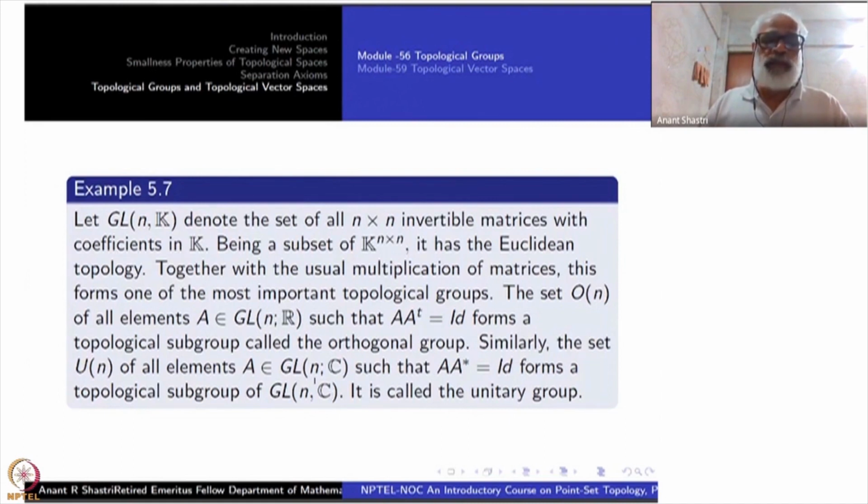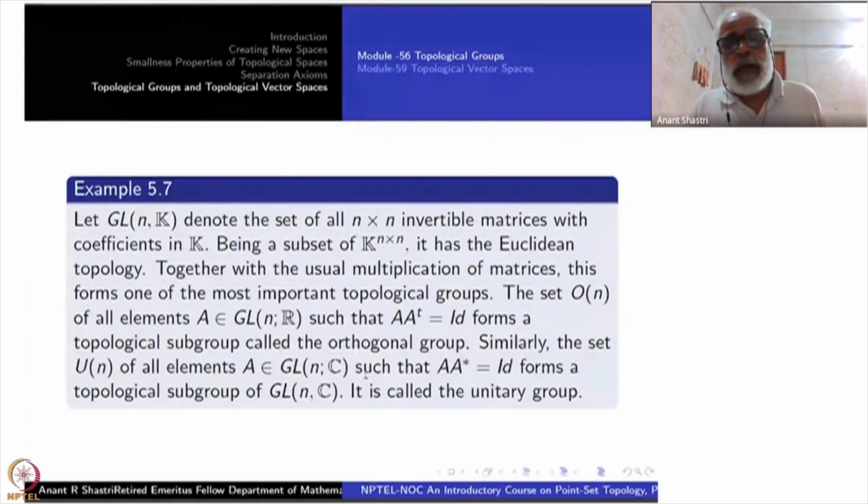GL(n,R) and GL(n,C) are special cases. They have various subgroups. I have denoted only two of them here, O(n) and SU(n). Then you can take matrices with determinant 1 also. They will form another, smaller subgroup, and so on. So these groups and many other groups are central to a lot of mathematics.